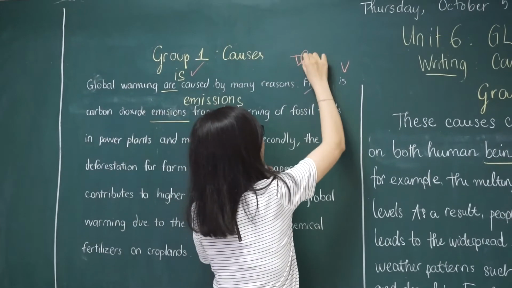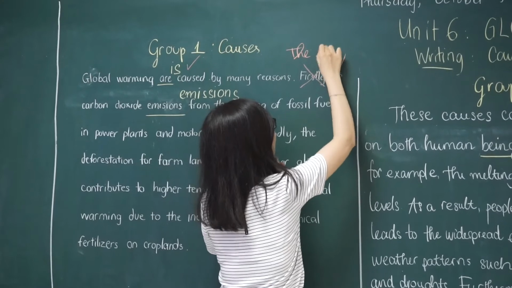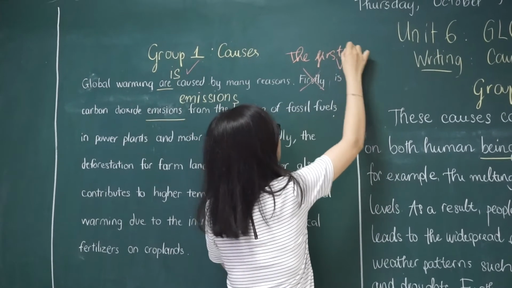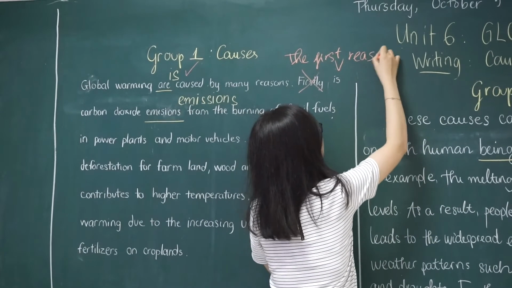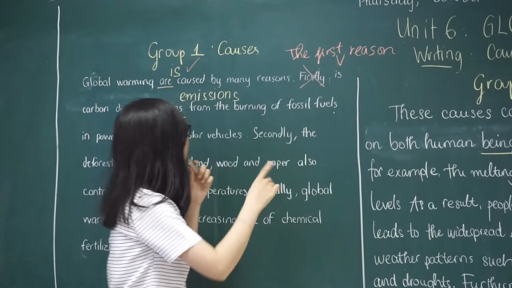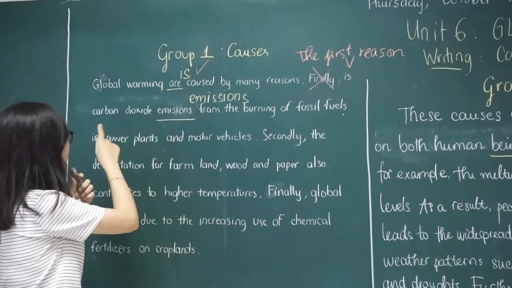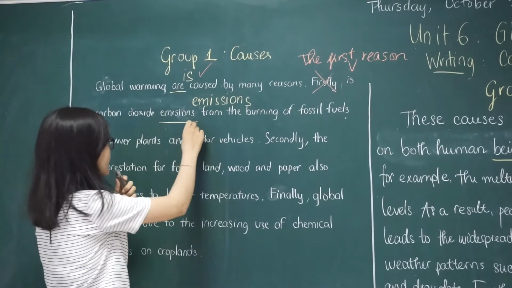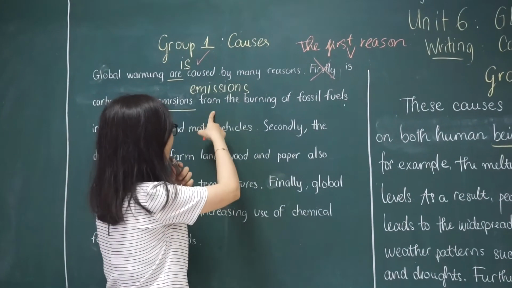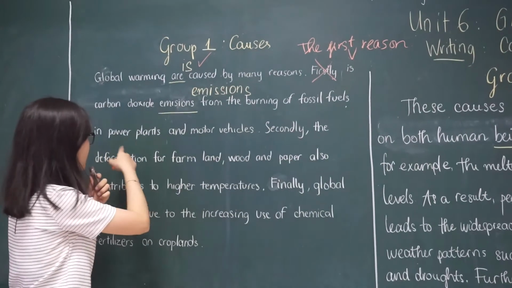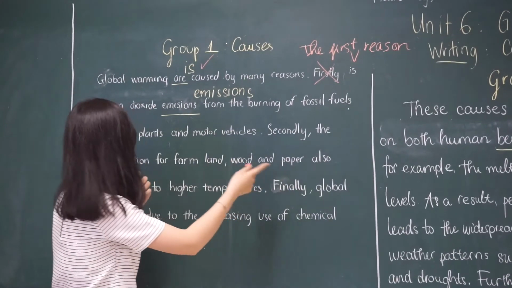So I suggest that you use the first reason. The first reason is, this one is much better. Carbon dioxide emissions, there is a spelling mistake, from the burning of fossil fuel in power plants, blah, blah, blah.